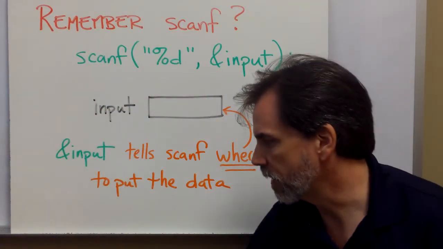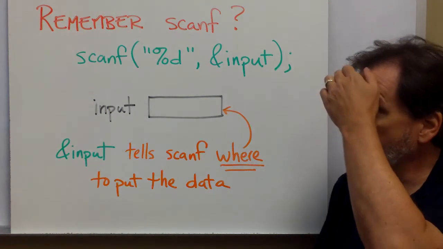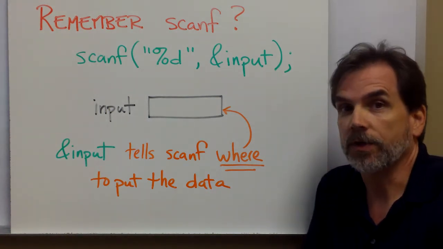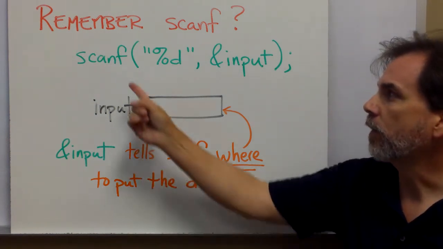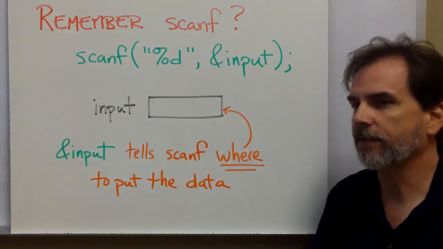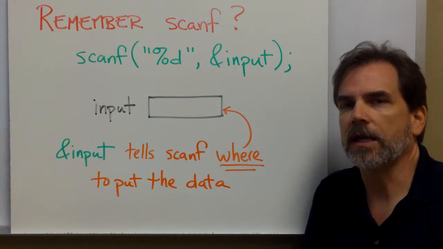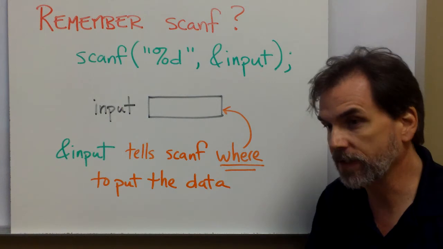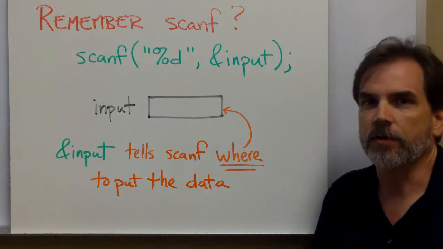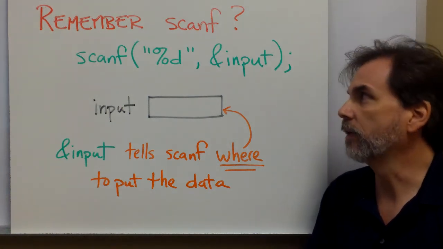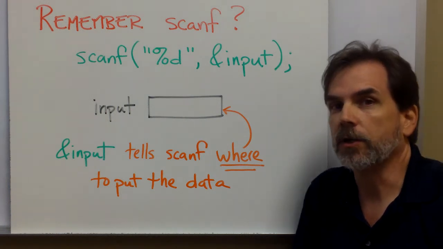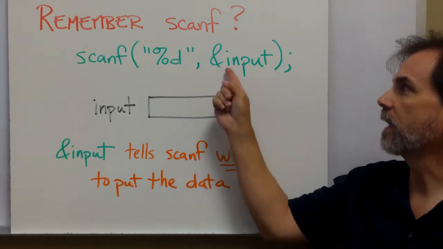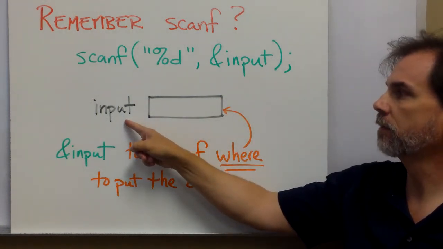Like I said, we've already been using this, and I told you it was magic before, but now we're going to explain what we're doing and why. When we call scanf, remember scanf goes out to the user and looks for a decimal integer in this particular case. It reads characters, converts them into a decimal integer value, and then we want to store it somewhere, in this variable called input.